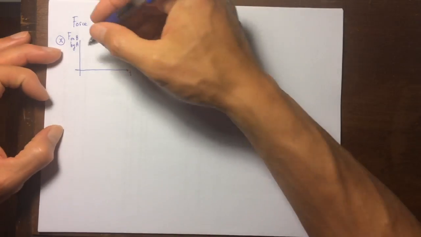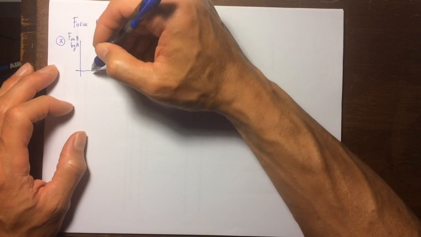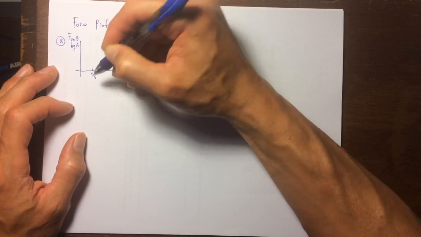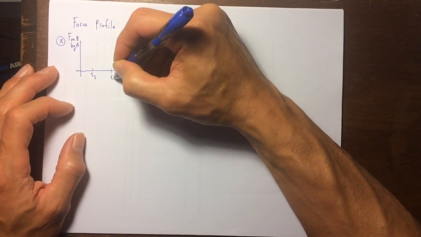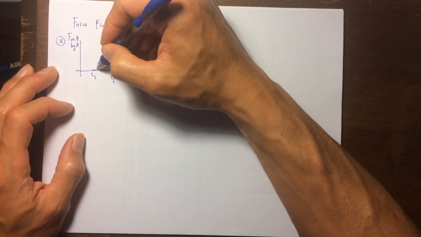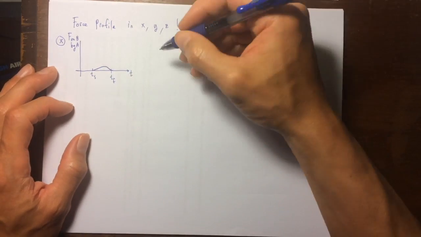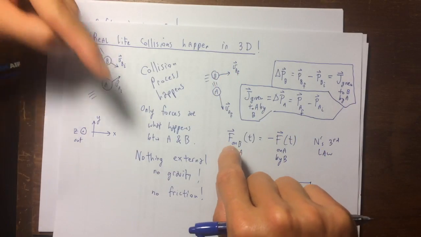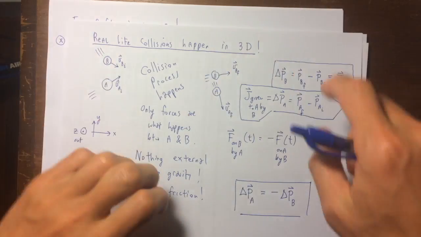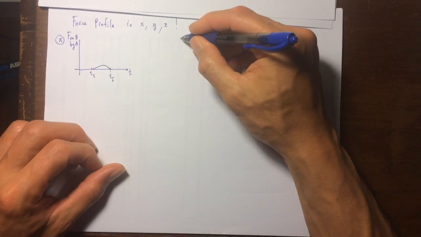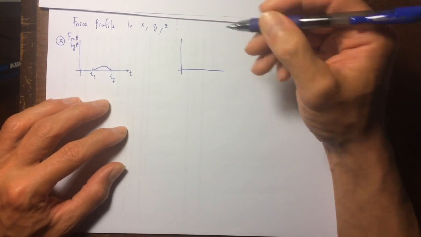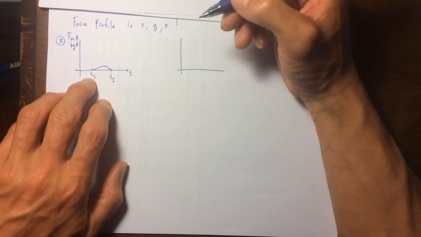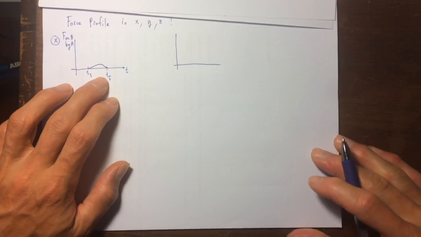Let's say that in the X direction there's not much to speak of. There is T_S and T_F, and let's say that it's kind of small. But you can see that there's a lot of change in the Y direction. B comes in kind of negative in the Y and leaves kind of positive in the Y. That's kind of a bounce in the Y. So let's use a large force between the same two moments in time.